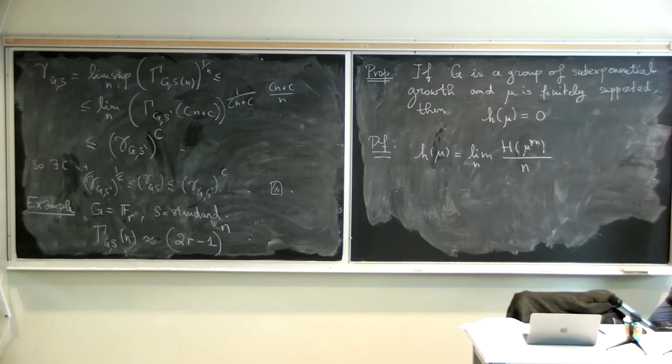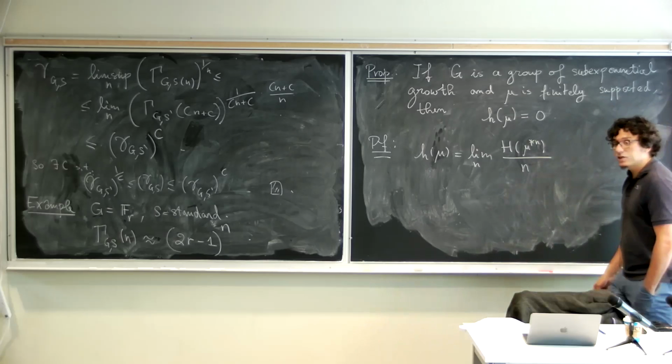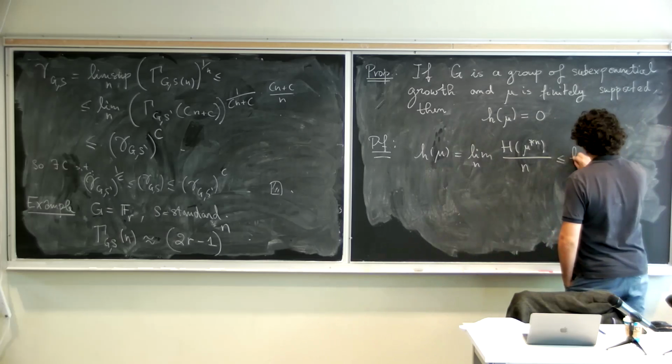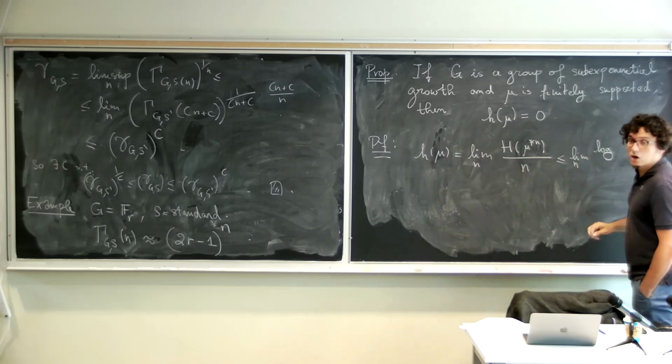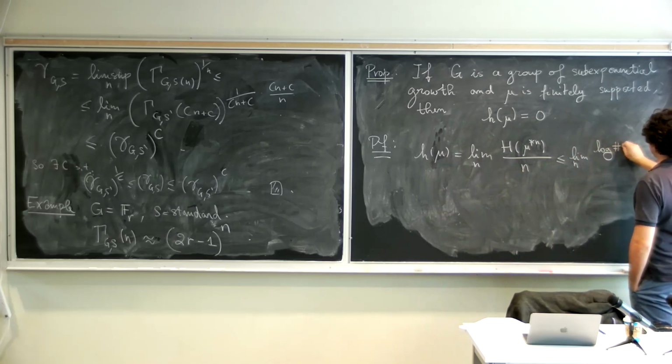You have a measure on a finite set. If you have a measure on a finite set, what's an upper bound of the entropy? The log of the cardinality. That's right. So this is less or equal than the log of the cardinality of the support of mu n.